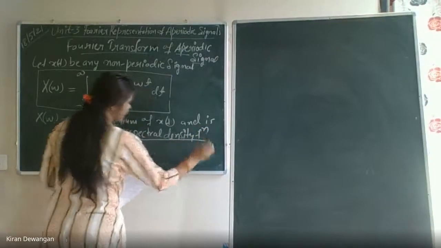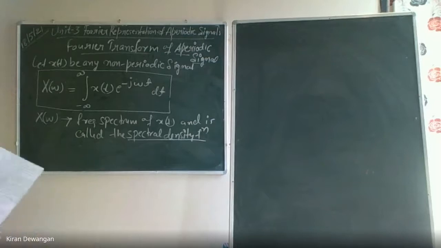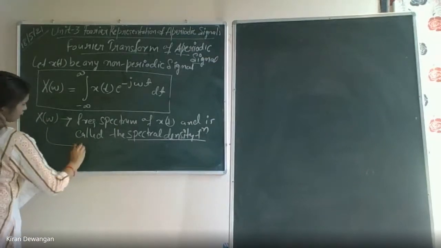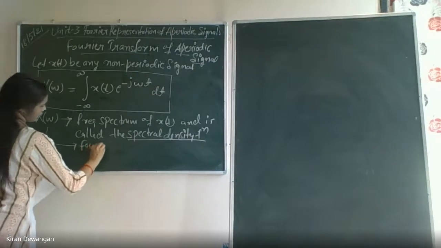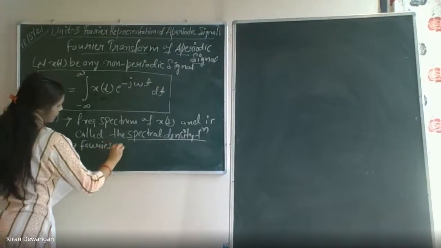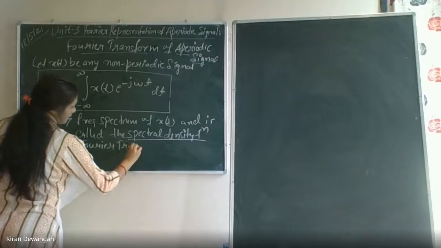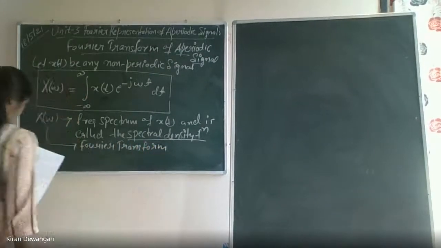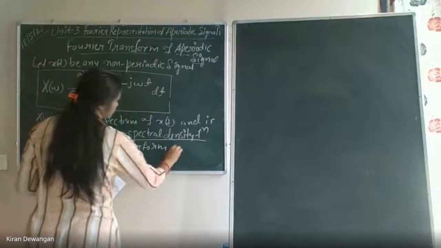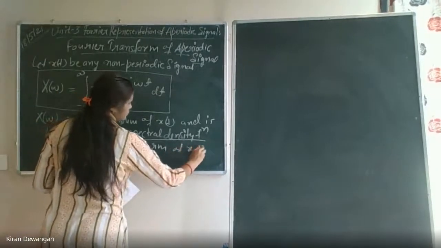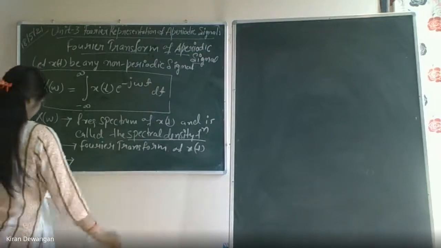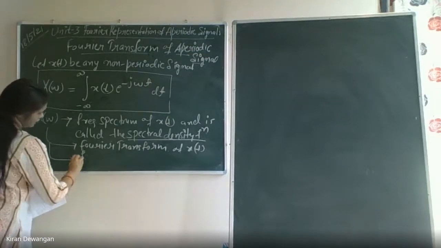Spectral density function. It is called the spectral density function. It is also known as the Fourier transform of xt, or we can even call it the Fourier integral of xt.